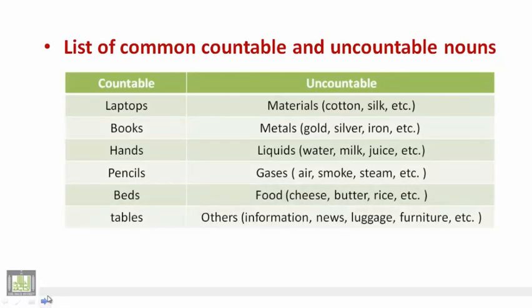To have a look on your left handed column على العمود الأيسر, we will see that we have countable nouns such as laptops, books, hands, pencils, beds, tables, and still many more. في أكثر من ذلك بكثير، لكن هذه بعض الأمثلة.